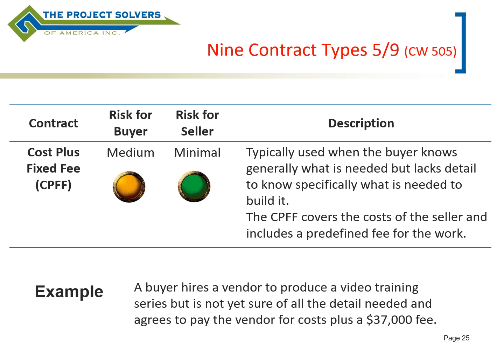The other thing to know about a cost reimbursable contract is, if you see in the description here, it says used when the buyer lacks detail to know specifically what is needed to build it.